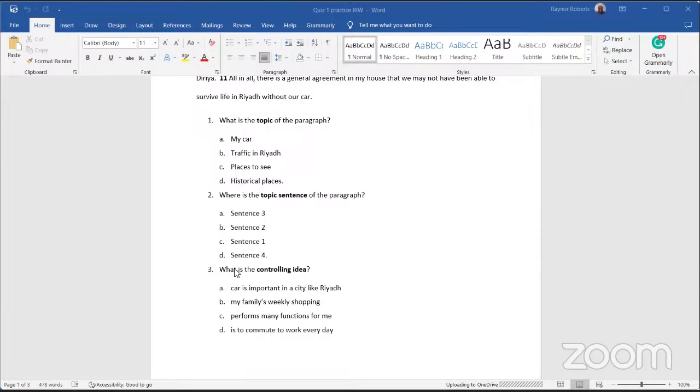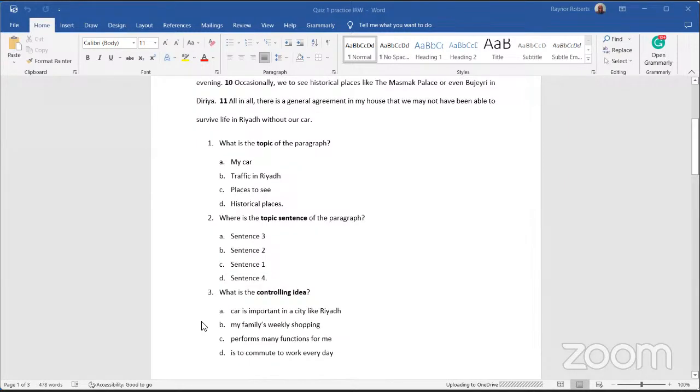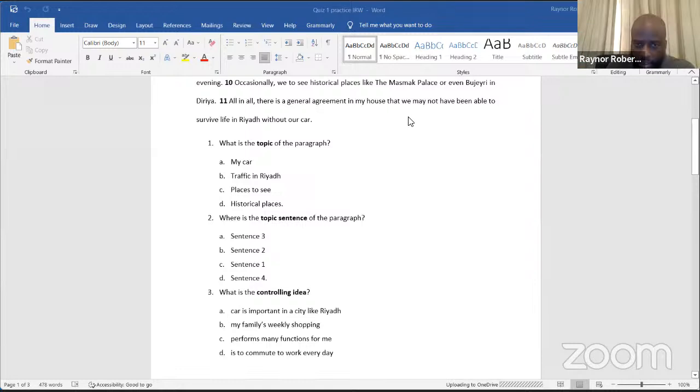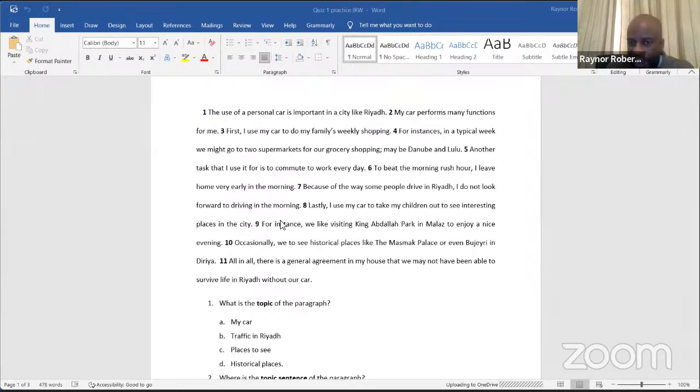I think it's C, because the topic is my car, and the controlling idea is everything after the topic, performs many functions. So it's C.